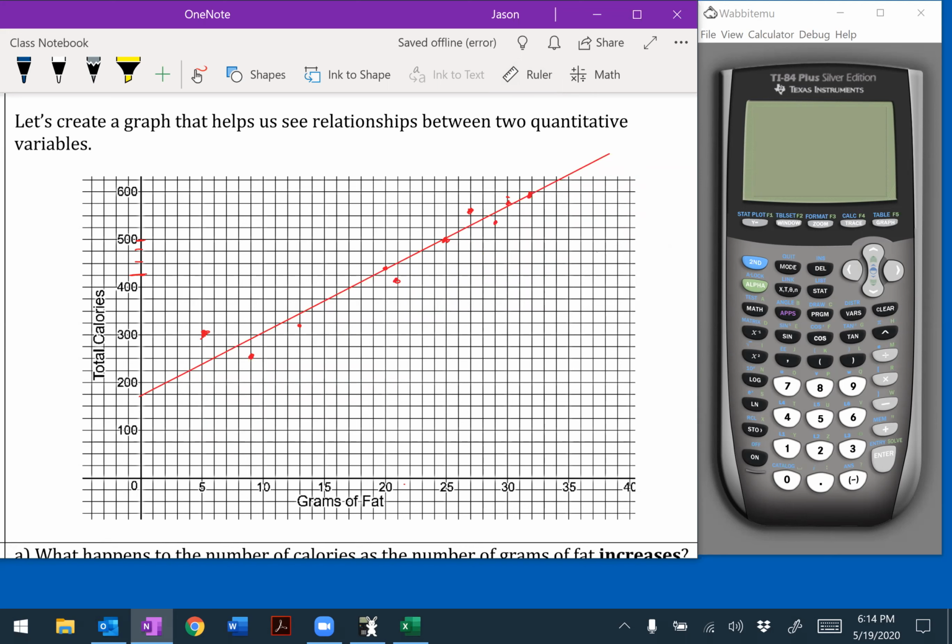I don't know. But again, eventually the goal is to get a line y equals mx plus b, and this is called the line of best fit, or the regression line.